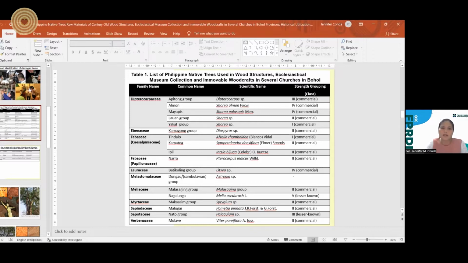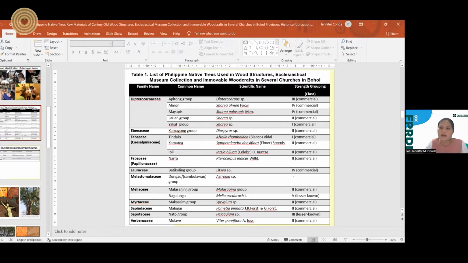For the Dipterocarpaceae, we have 5 species belonging to Dipterocarpus and Shorea. We specifically identified some species of Shorea almon and Shorea palosapis. There are different strength groupings, based on the class.